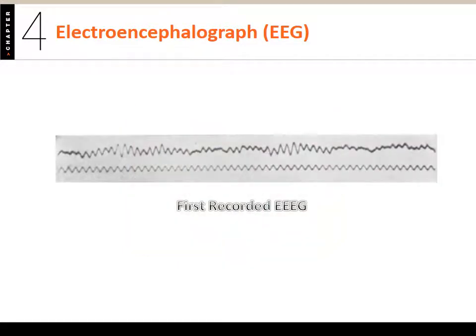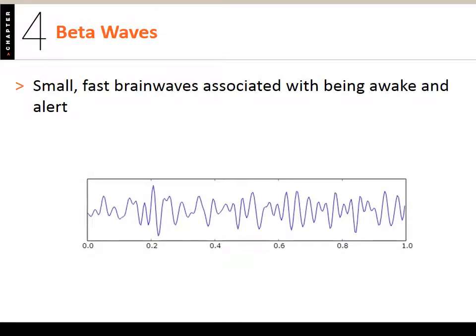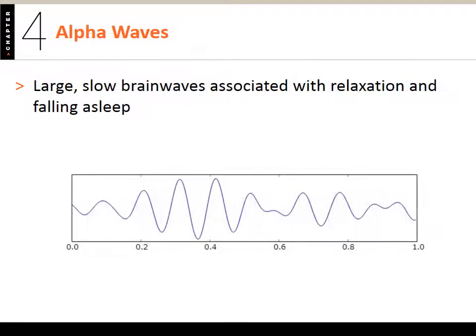According to Wikipedia, this is the first recorded EEG. And that's beta. Beta is these small fast waves associated with being awake and alert. And then these are alpha. When you start relaxing and fall asleep, you go from beta waves to alpha waves.